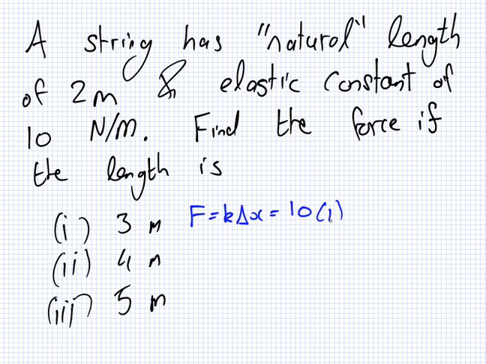Yeah, the natural length is 2 and the length is 3, so the extension is 1. I said the natural length is 2, so if I move this to 3, the extension is 1 meter. I was hoping I'd trick you, but I didn't. So the answer is 10.